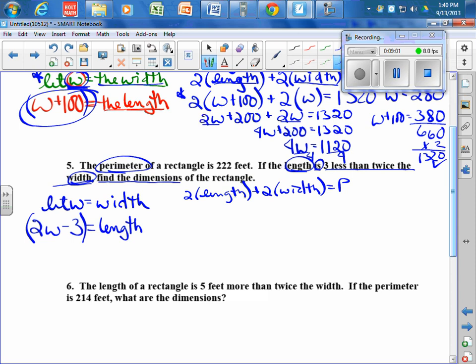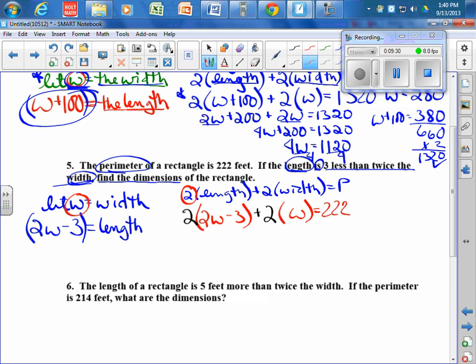The 2W minus 3 goes in parentheses. What's on the outside of it? Right, there's a 2 there. So it's 2 times the parentheses 2W minus 3, plus 2 times the width. What am I calling the width? It's W, equals 222.